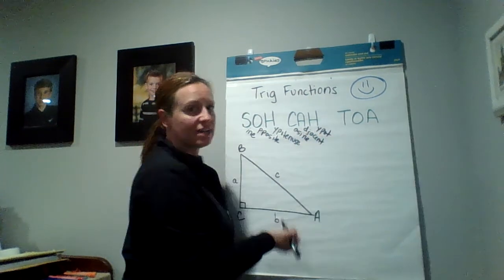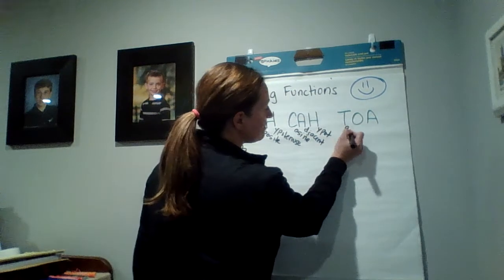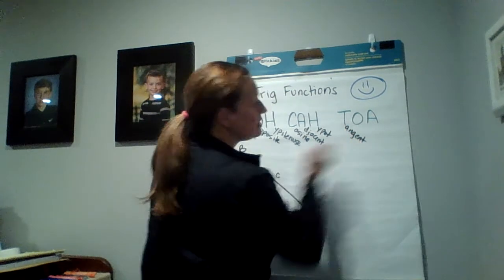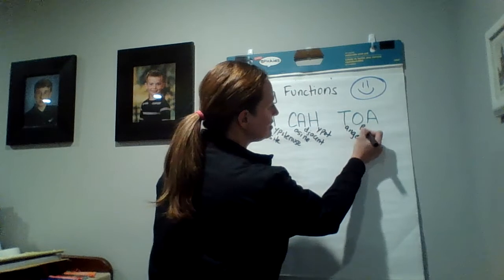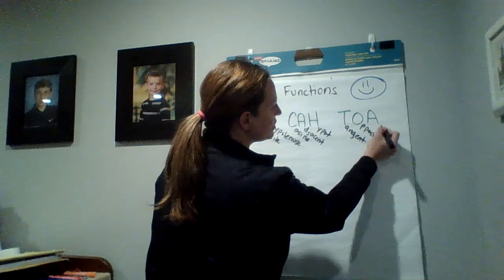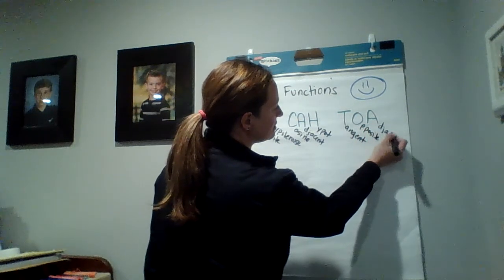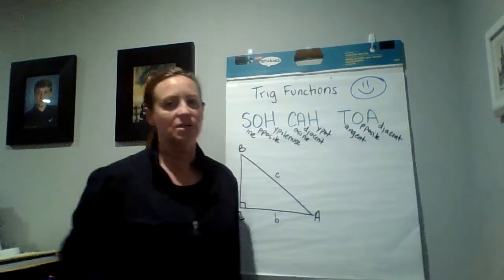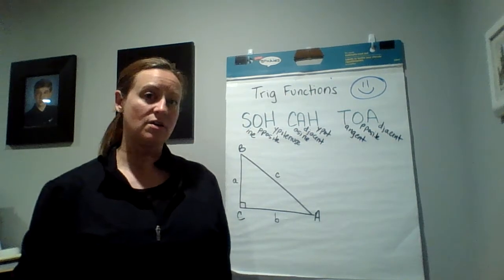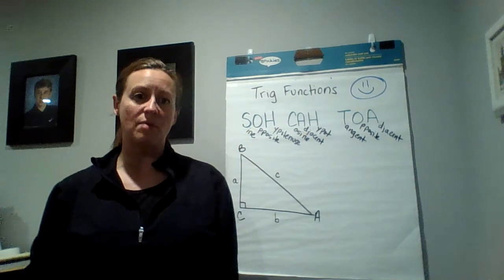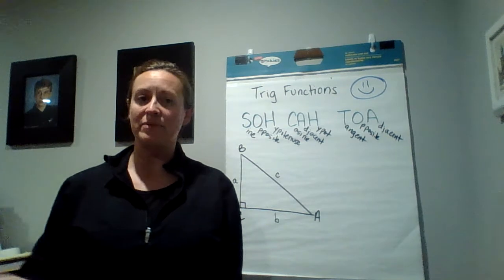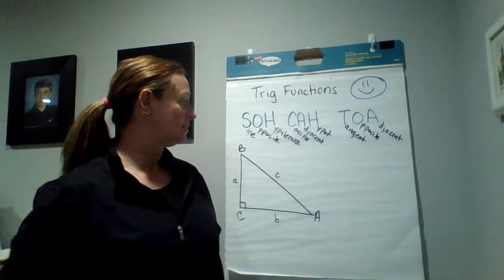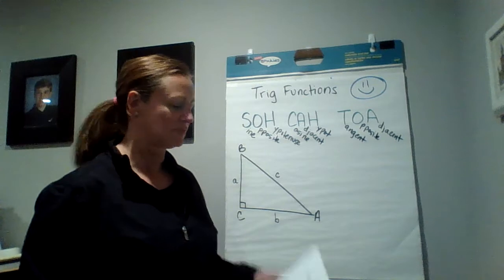I'm just going to abbreviate that one. Tangent of an angle is equal to the ratio of opposite side over adjacent side. So we're going to be using one of those trig ratios for each problem, or more, depending on how many parts of the triangle we're trying to find.